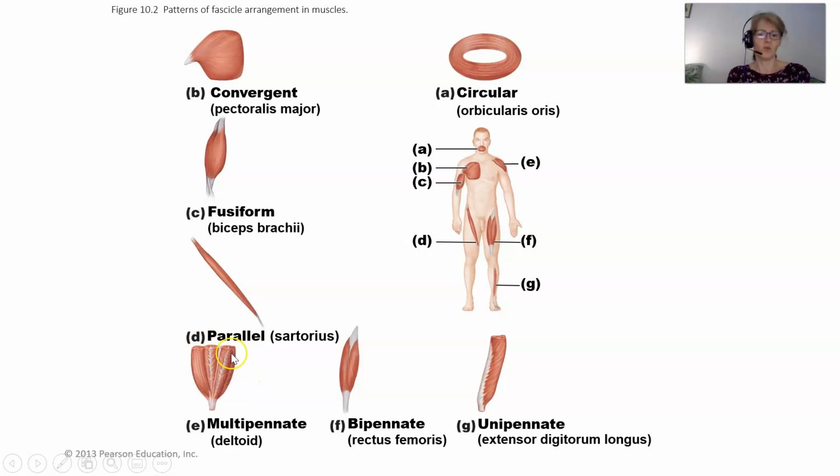The next one will be pennate and bipennate and unipennate, and this is just a way of getting more fibers packed into a particular area. Because if you look at this unipennate muscle and compare it to the sartorius muscle, they look as though they're going to take up about the same amount of space. And they do, but here I have masses and masses of short fibers, giving a lot of power, but I can only move them over a little distance.